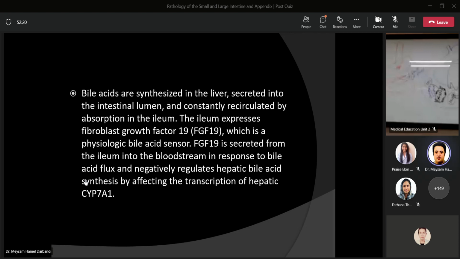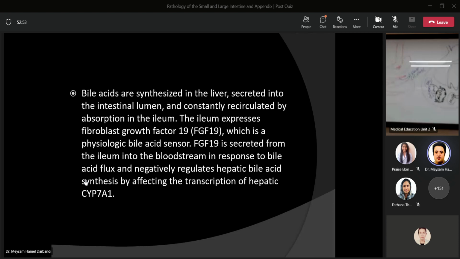Is it conjugated or unconjugated? Very good. So remember this. Bile acids are synthesized in the liver and secreted to the intestinal lumen, as we already explained. They are constantly recirculated by absorption in the ileum. The ileum expresses fibroblast growth factor 19, which is a physiologic bile acid sensor.